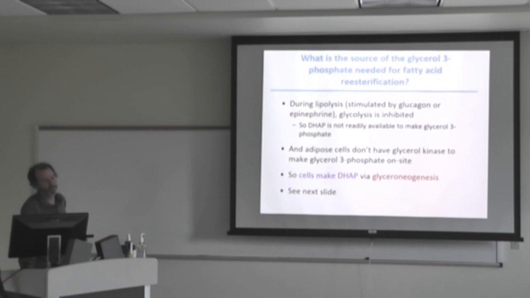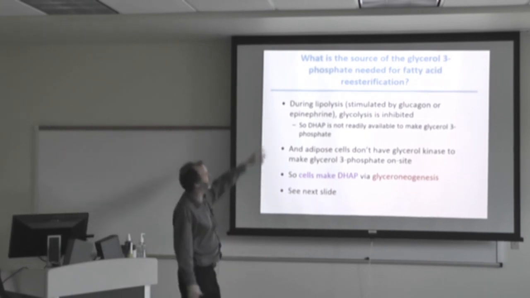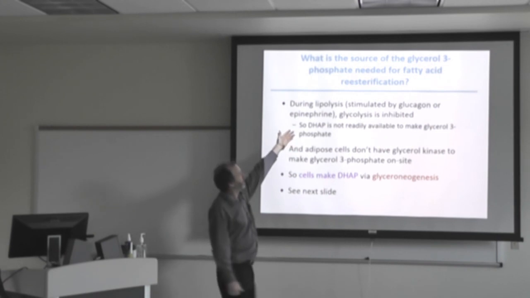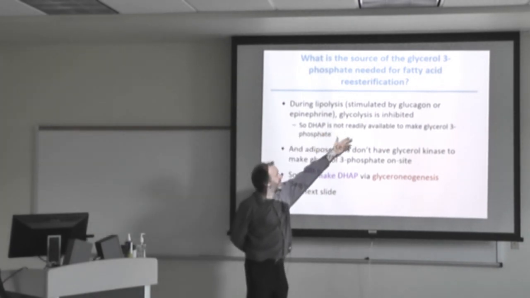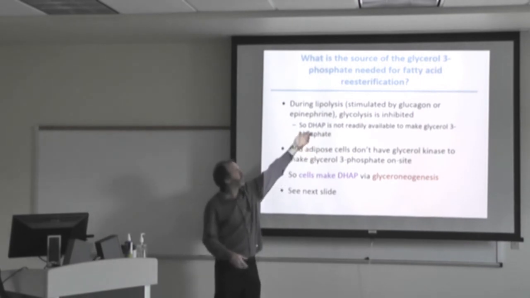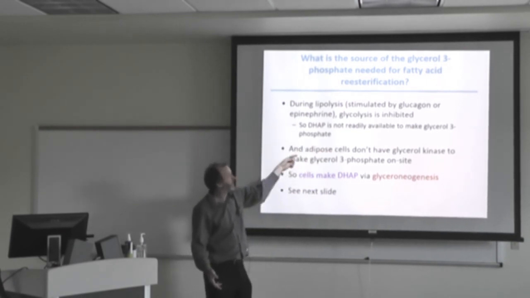So what is the source of glycerol 3-phosphate needed for fatty acid reesterification during lipolysis? Stimulated by glucagon or epinephrine, glycolysis is inhibited. So dihydroxyacetone phosphate is readily available to make that glycerol 3-phosphate.